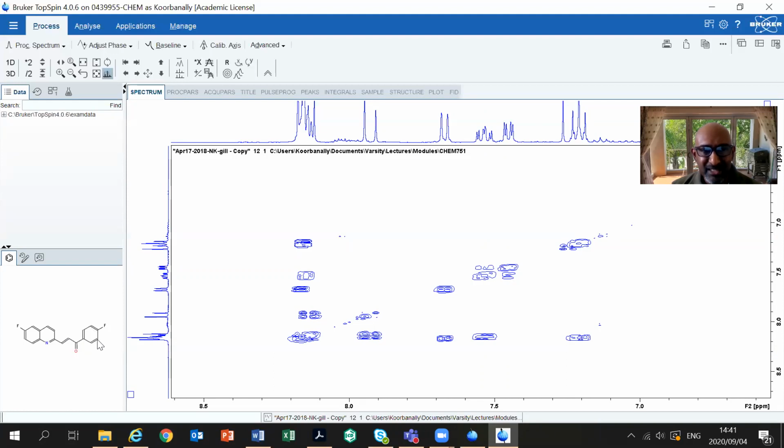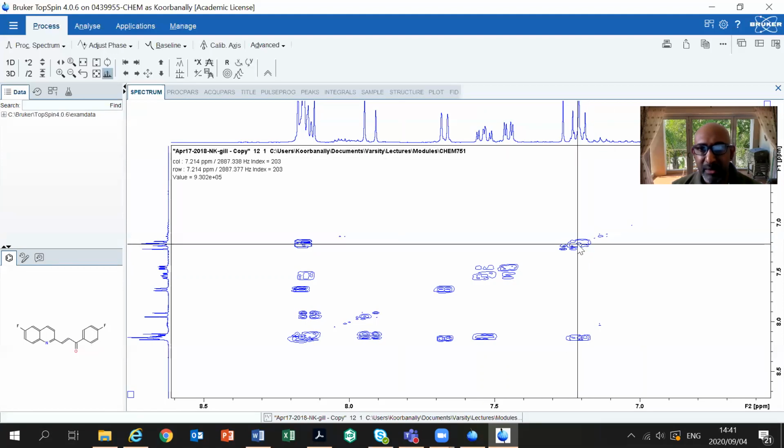And since these two protons are coupled to these two protons, I'm expecting to know where these are. Now, ordinarily I'd get a nice double doublet for this, and in some other spectra you can see the double doublet very clearly. You can't see it very clearly in here because see what happens when I look for correlations.